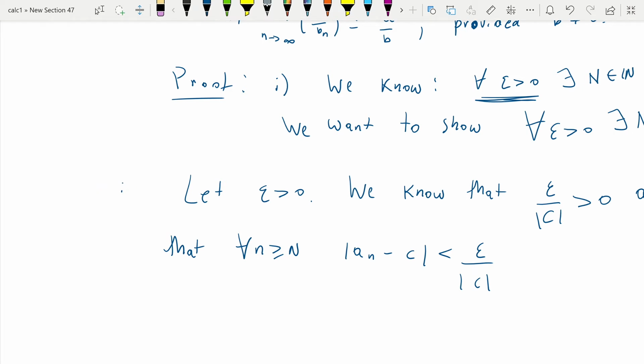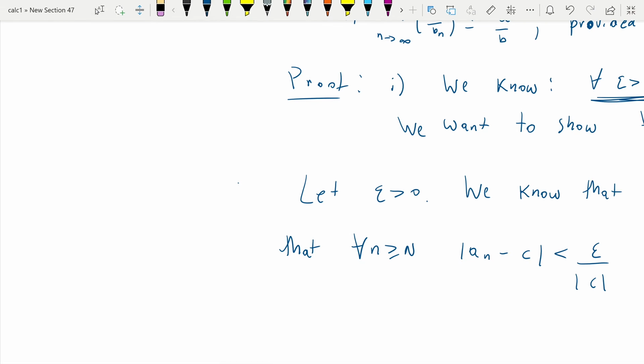The case c equal to 0 is trivial because of the reasons I just said.